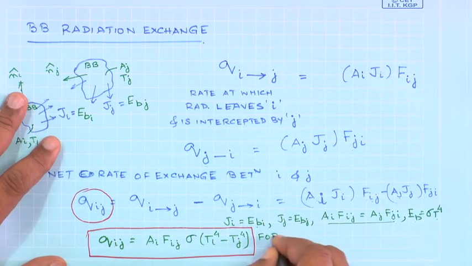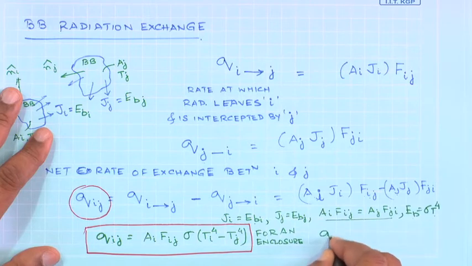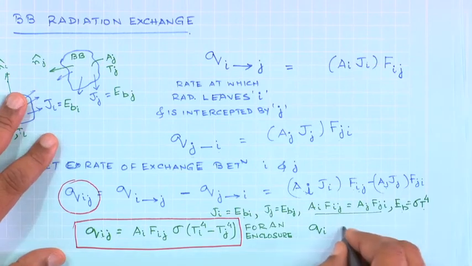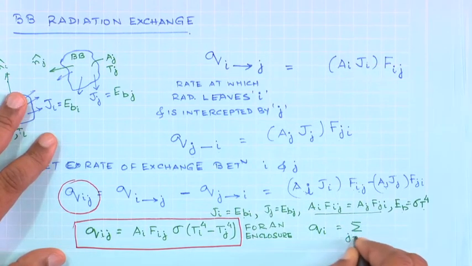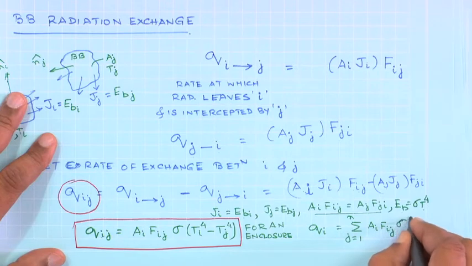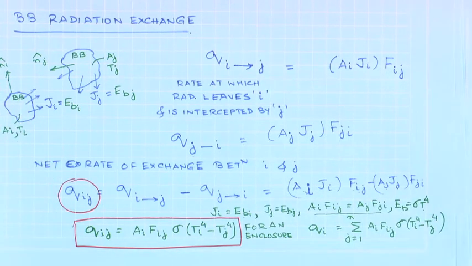So, if I apply this for an enclosure, the energy which surface I is going to exchange is going to be J equal to 1 to N. So, obviously you can see this to be an extension of this one.